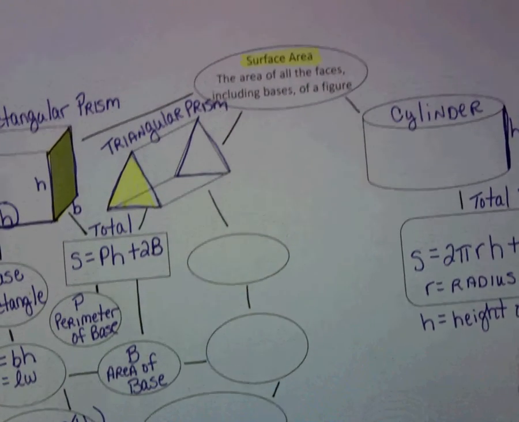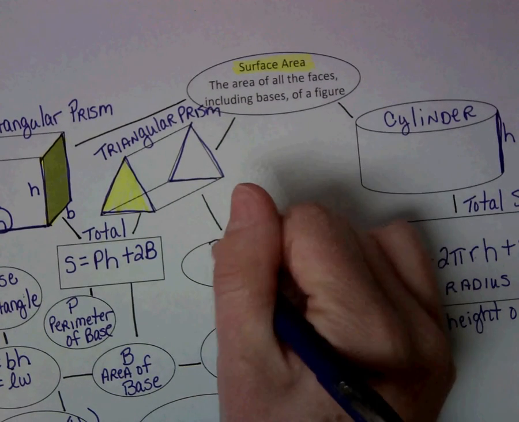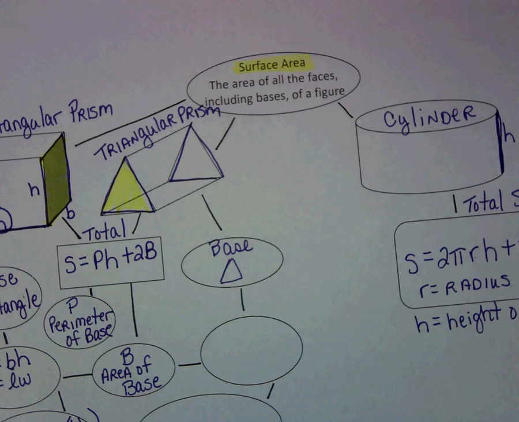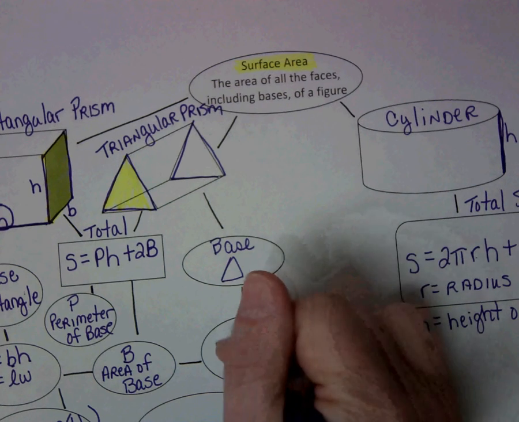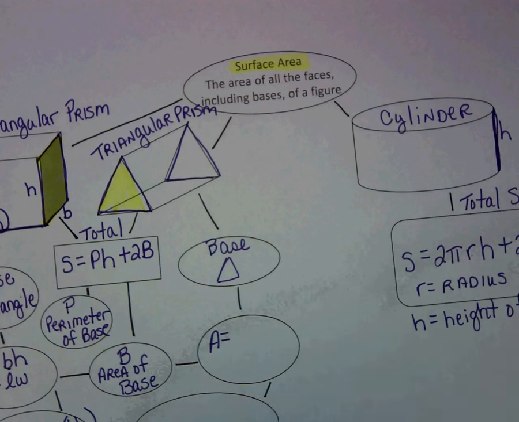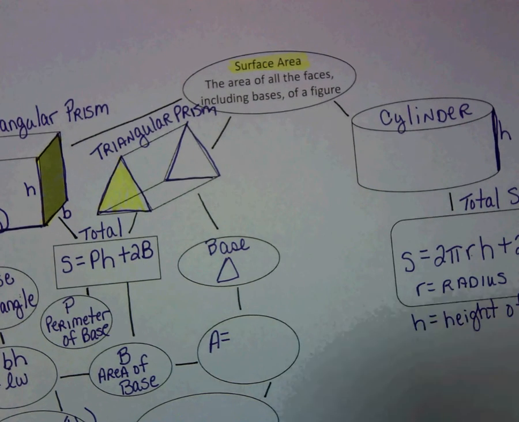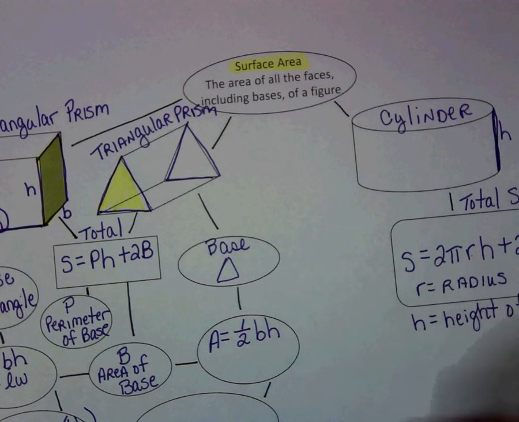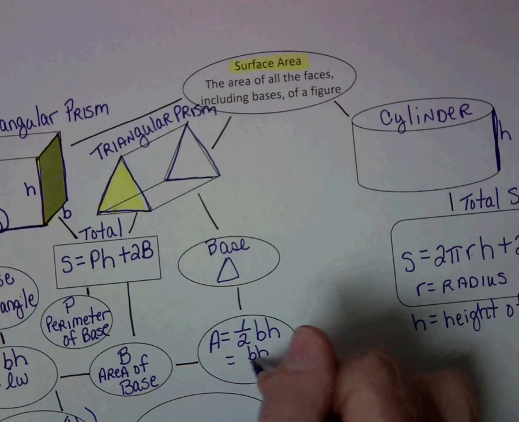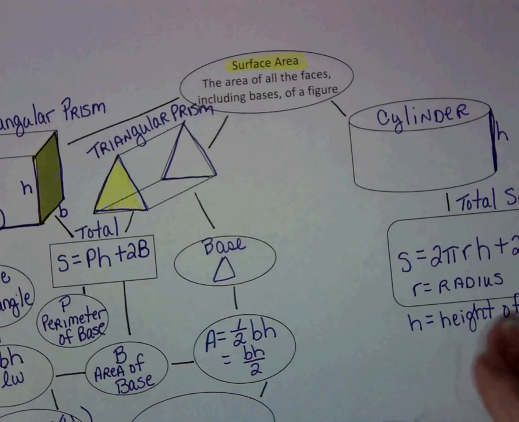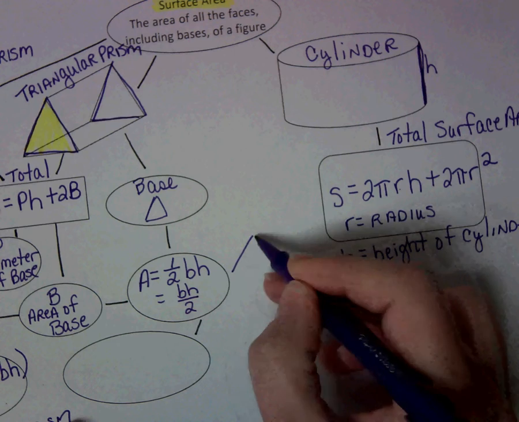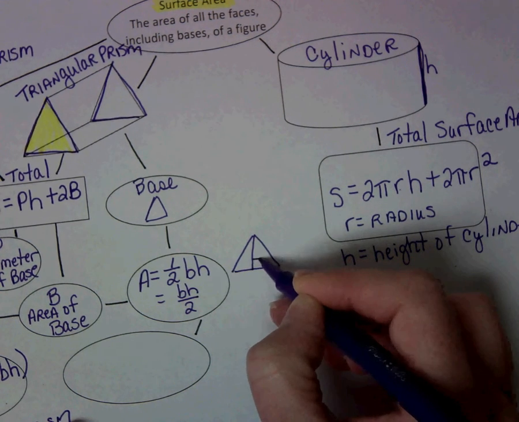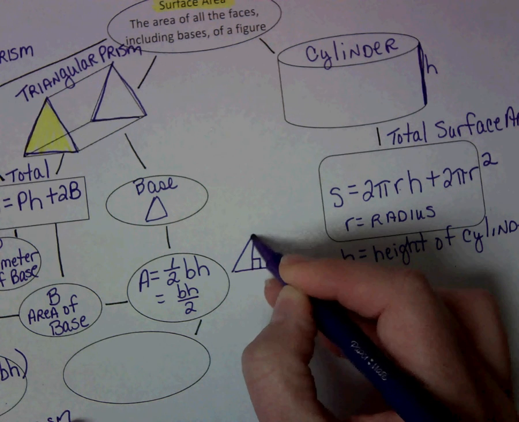Okay, so on a triangular prism, this time our base is a triangle. If you look at your formula chart, how do we find the area of a triangle? It says 1/2 base times height. You can also think base times height divided by 2. That's the same thing. Now, one thing to remember with our triangles is that the height of your base triangle has to be from the top to the bottom.